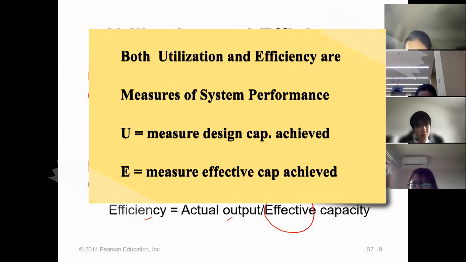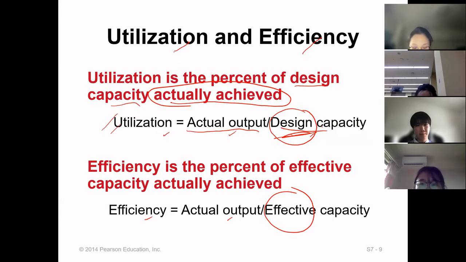Because we invest, we pay for design capacity. When we buy machine, we pay for design capacity. We don't pay for effective capacity, because we don't know the effective capacity. When you buy equipment, you do not know the effective. For example, a maker of machine will tell you this machine can stamp 100 parts an hour, but when we try out, only 80.